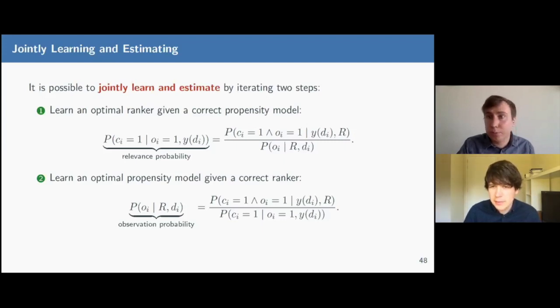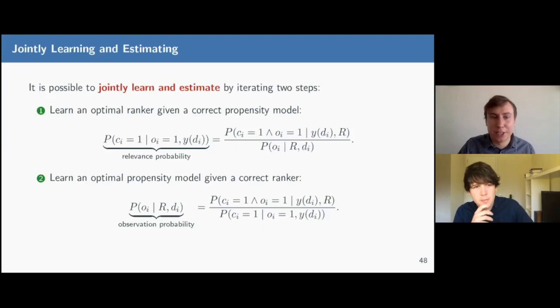Right. Under some additional assumptions, I believe that you can prove it. The key idea there being that you are always slightly improving your models. That's sort of the key idea, that you're continuously improving both your ranker and your observation probability, and that you never optimize one at the cost of the other.